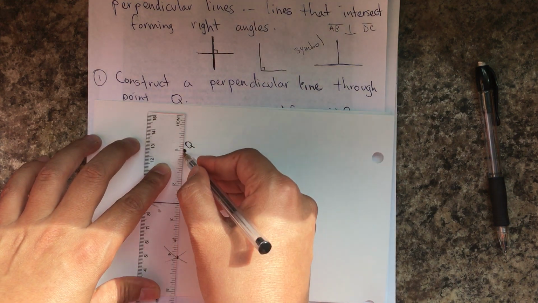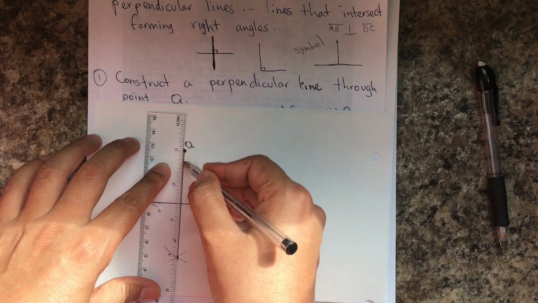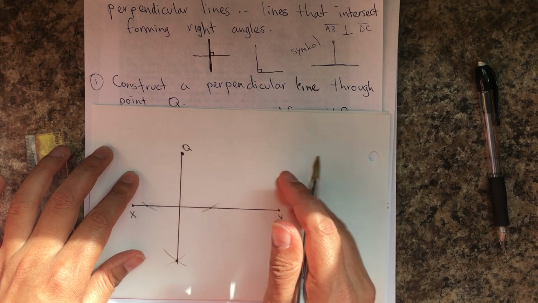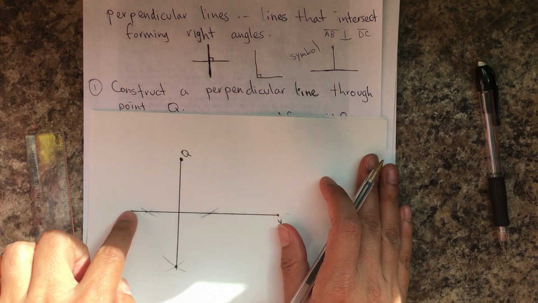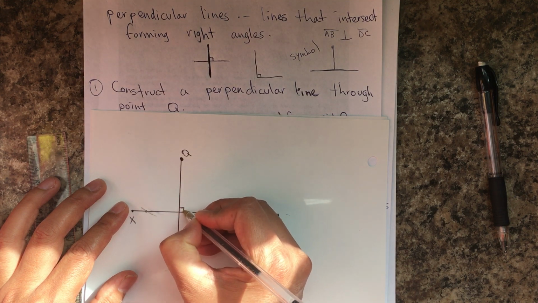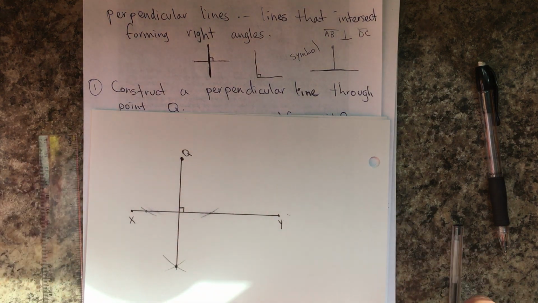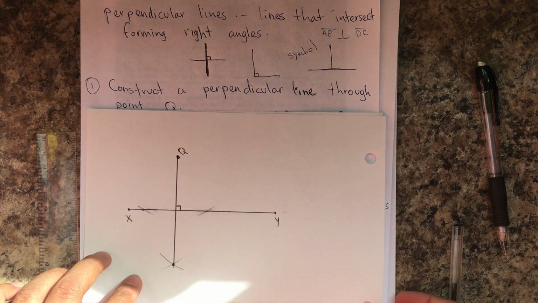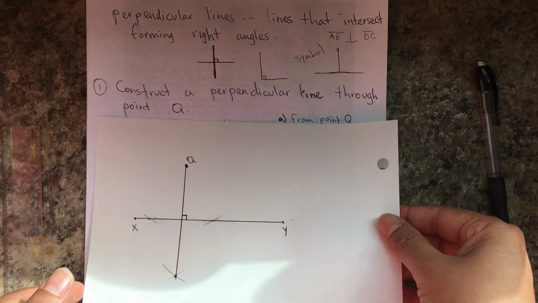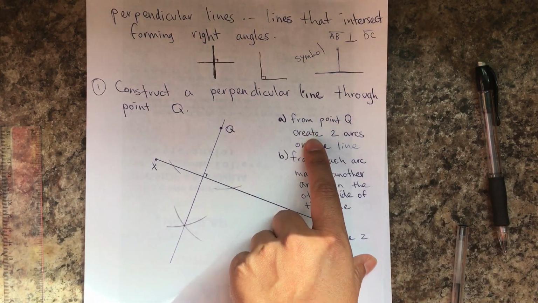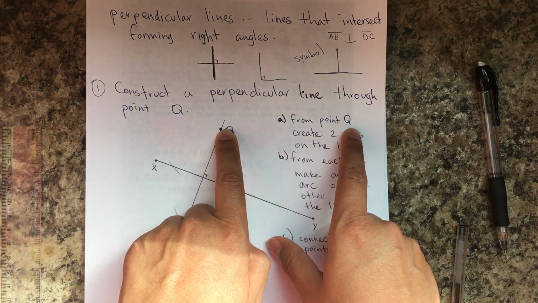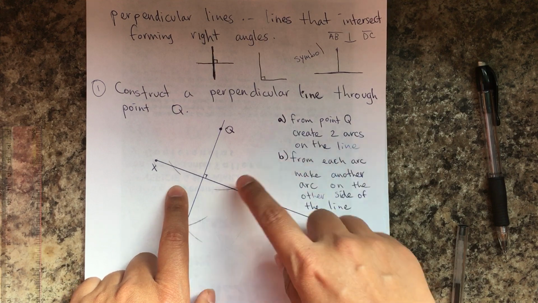By connecting these two points, I'm getting the perpendicular line, a line that intersects with another line forming right angles. In class I asked students to come up with their own way of describing this, and these are some of the things they said. The first thing that you have to do is, from point Q, create two arcs on the line.